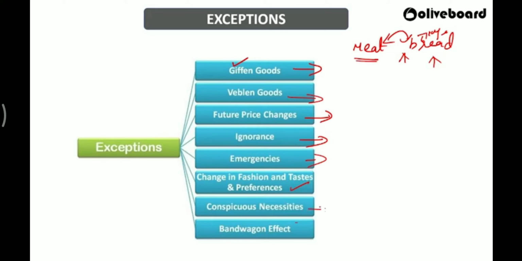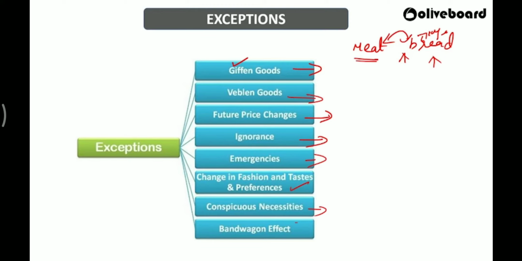Next one, conspicuous necessities. What does it mean? This is not your basic necessity, but because of your social class, where you belong, it will become your necessity. For example, you are staying in a city, there you can't have a firewood stove. You have to have a gas stove. You have to have a TV. Where you're staying in an apartment, if you have an old black and white TV, obviously you will be the odd man out there.